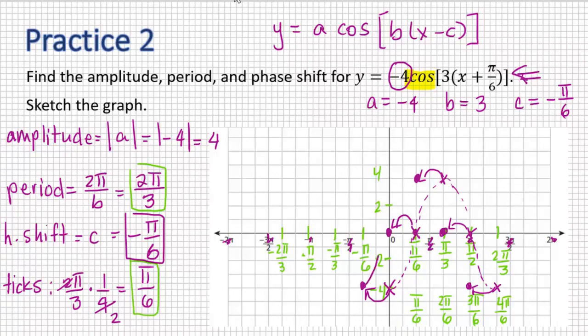Now we connect these dots, making them look like our expected cosine wave, and that is a picture of our final function. It's one period of the function. Keep this going both towards the right and towards the left using the same strategy. But as long as you've graphed at least one period, then we're done.